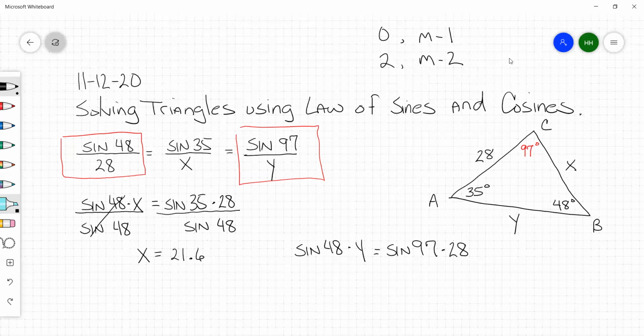And divide both sides by sine 48. These signs cancel. We're left with y on the left. And in the calculator, 97 sine times 28 equals, and then divided by 48 sine. And y equals 37.4.